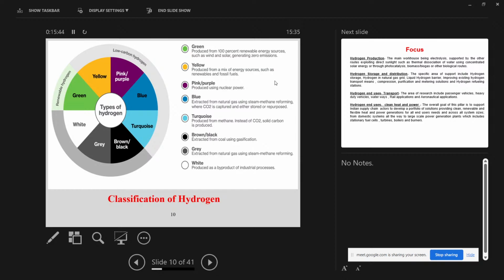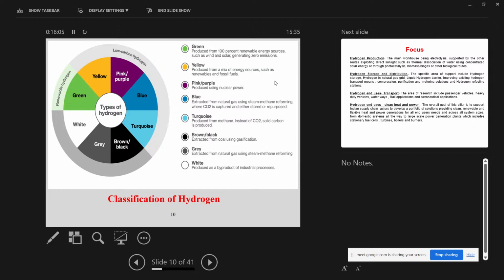If we talk about green hydrogen, green hydrogen must be from 100% renewable energy sources such as solar, which is generation from zero emissions. But what about the gray or even the brown one, black?